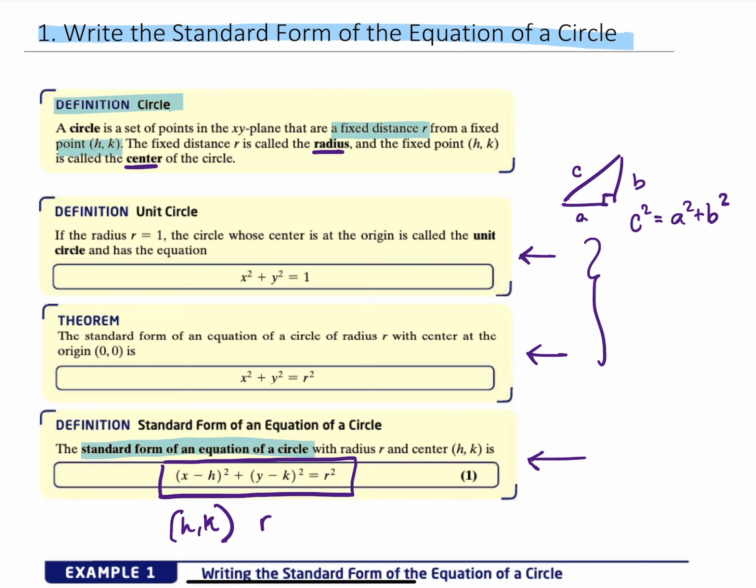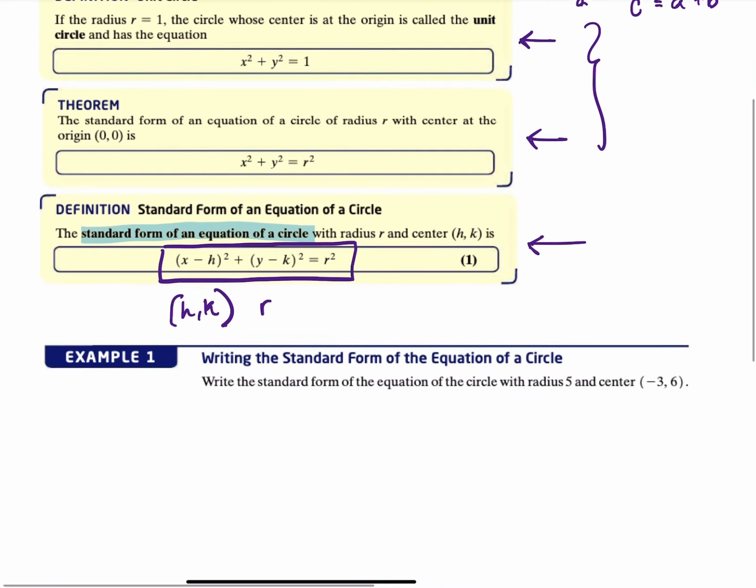So this statement, x minus h squared plus y minus k squared equals r squared, will describe any circle in the xy plane with a center point and a radius. So let's use this to describe some circles and see some examples.